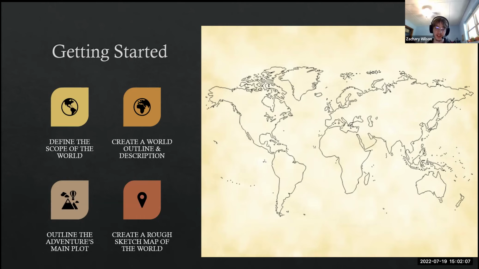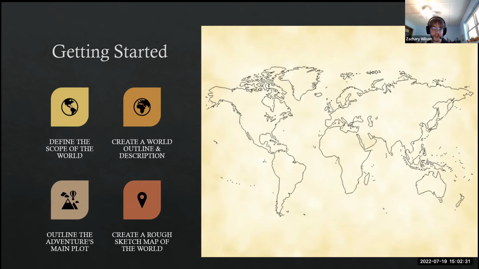Basically, what is happening as the characters progress? Like, what is specifically the adventure that the characters are going on? And to start, I only really deal with the main plot. Like, what are the big things that are going to happen? And I can go into details from there more as I get into the project.